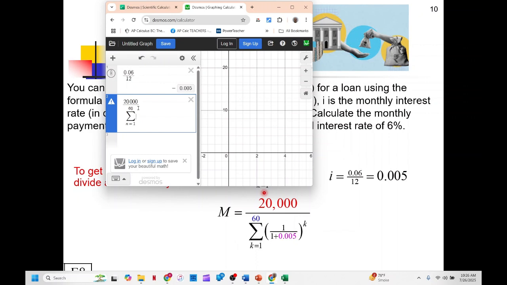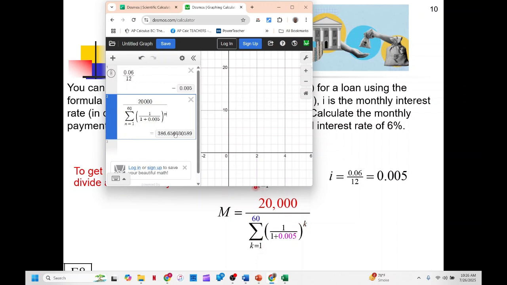And then my summand, I'm going to put that in a parentheses here. So we have a fraction. We have 1 in the top. In the bottom, 1 plus 0.005. Close the parentheses and exponent that to the n power because, again, that's equivalent to k here.